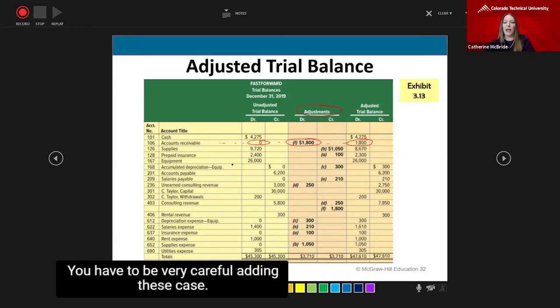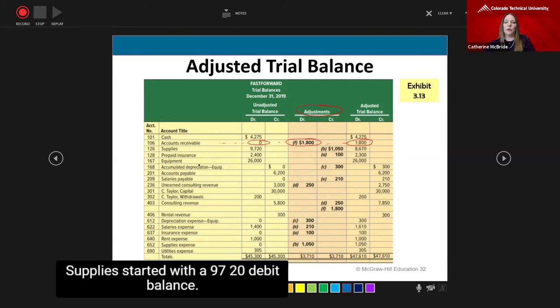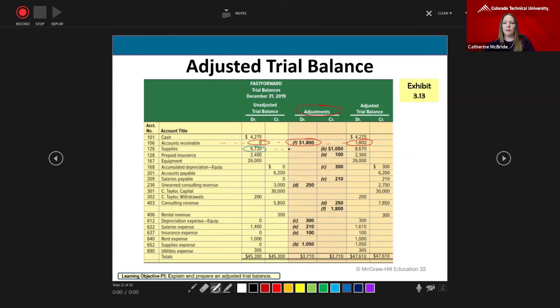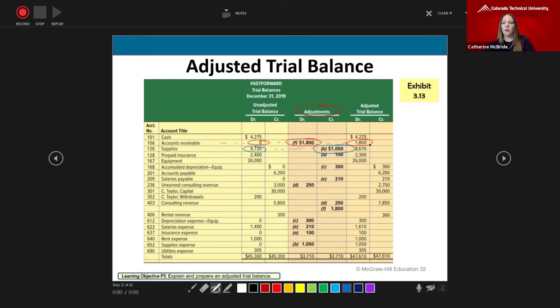You have to be very careful adding these, because let's look at supplies. Supplies started with a $97.20 debit balance. That's what we purchased for supplies. We credited it for what we used, the $1,050.